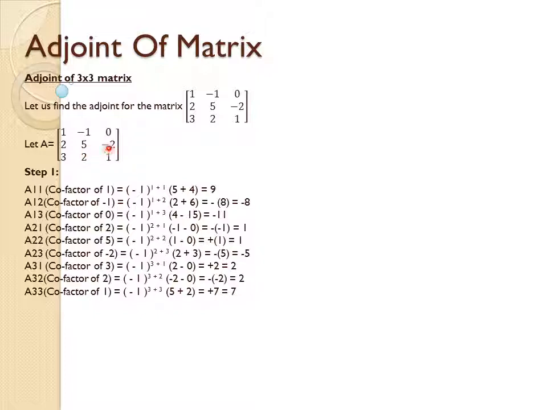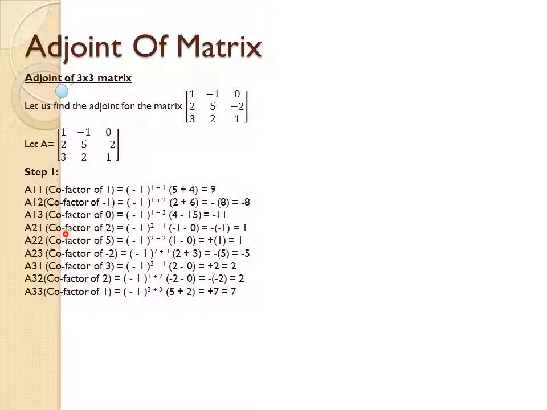So 5 plus 4 equal to 9. So 9 is the determinant of this particular portion, that is the cofactor of 1. And before that I have to put the sign. The sign is -1 whole to the power i plus j. So 1 means i equal to 1 and j equal to 1. So -1 whole to the power 1 plus 1 into, and the remaining term is 9.